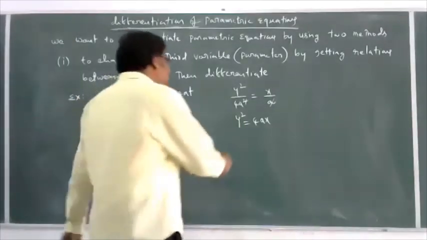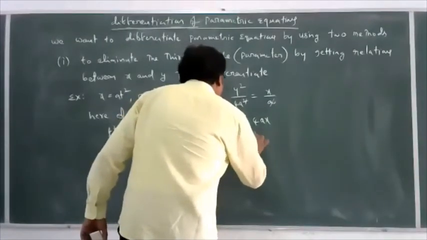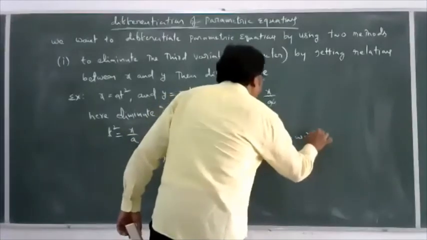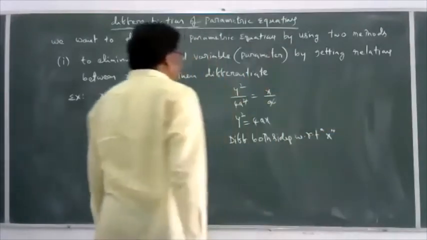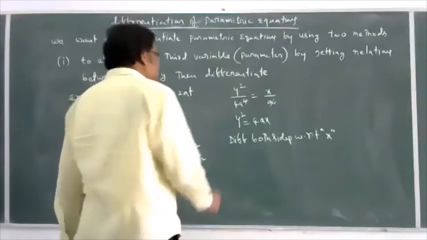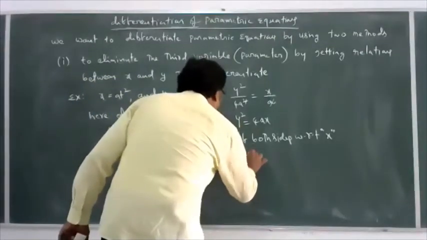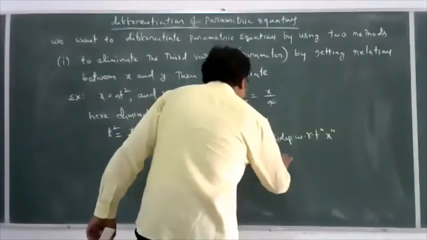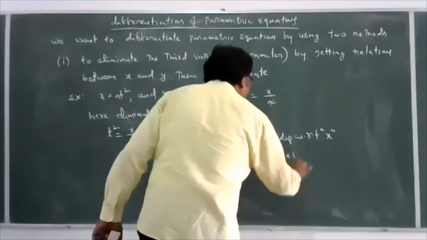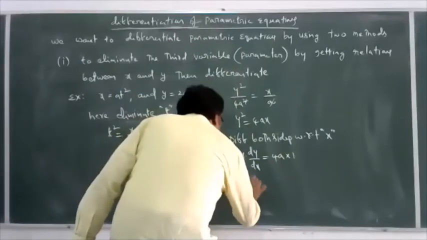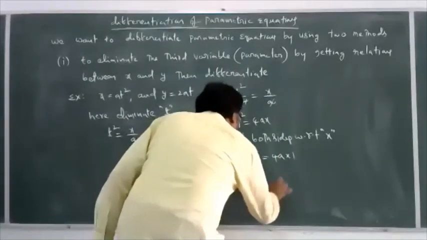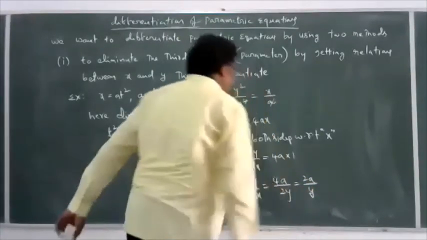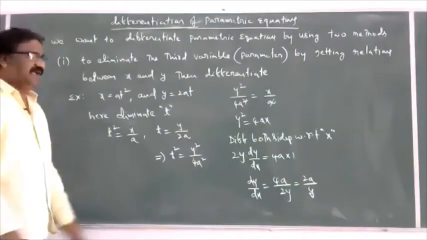Then differentiate both sides with respect to x. y square derivative 2y into dy by dx is equal to 4a constant into x derivative 1. So dy by dx is equal to 4a by 2y, that is 2a by y.